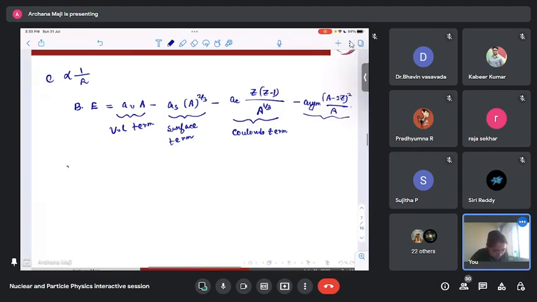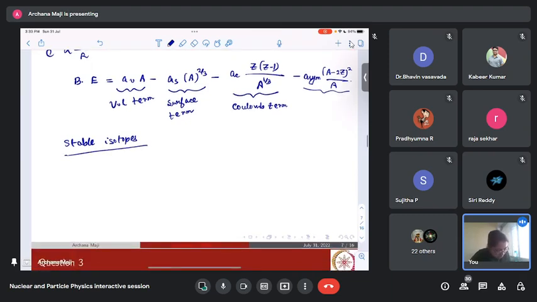And it has been seen that for stable isotopes, the number of protons and the number of neutrons is almost the same.